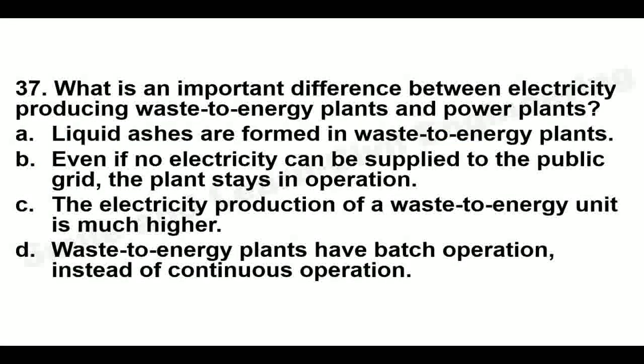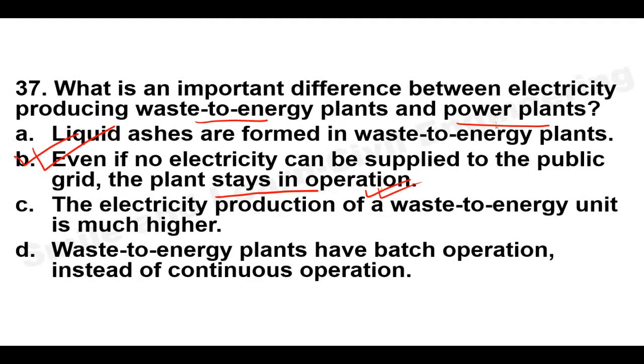Right. Next question. What is the important difference between electricity producing waste to energy plants and power plants? Power plants actually pollute the environment. Waste to energy plants do not pollute the environment. But the most important thing is that waste to energy plants can supply electricity even if there is no electricity to the public grid, because the plant stays in operation without any extra cost.